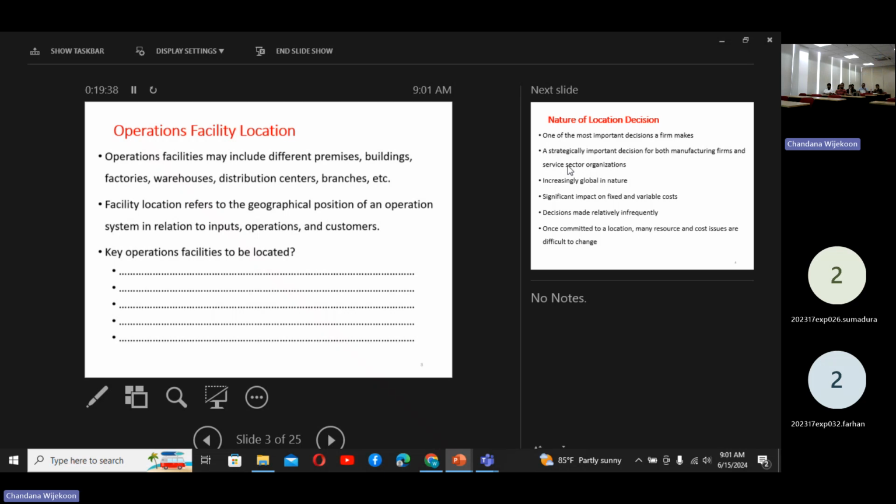We are going to talk about it quickly. Is it clear? Because facilities has other meanings also, but here, what do we mean by facilities? Buildings and premises required for operations activities.